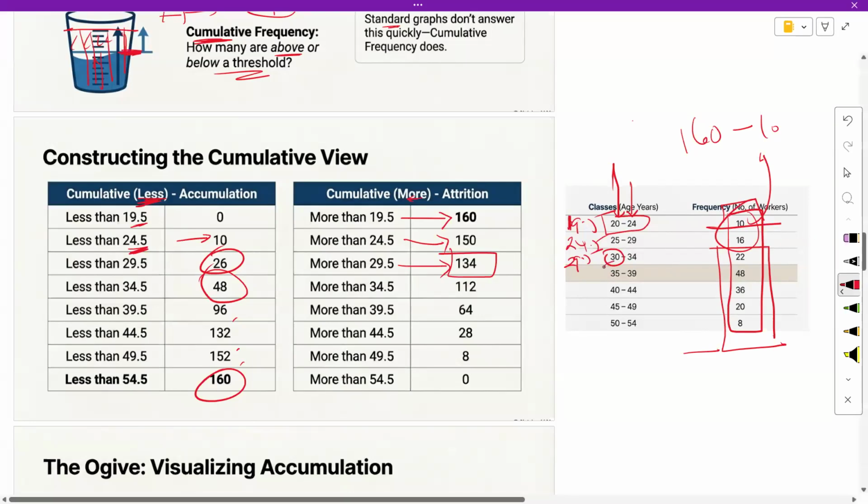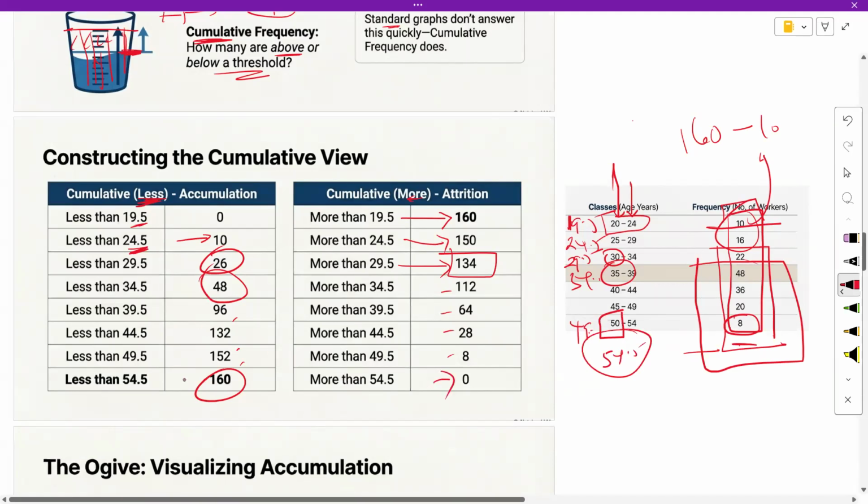Likewise, more than 34.5, we have to consider this group: 112, 64, 28, 8. More than 49.5 is 8, and more than 54.5, nobody. So 0.